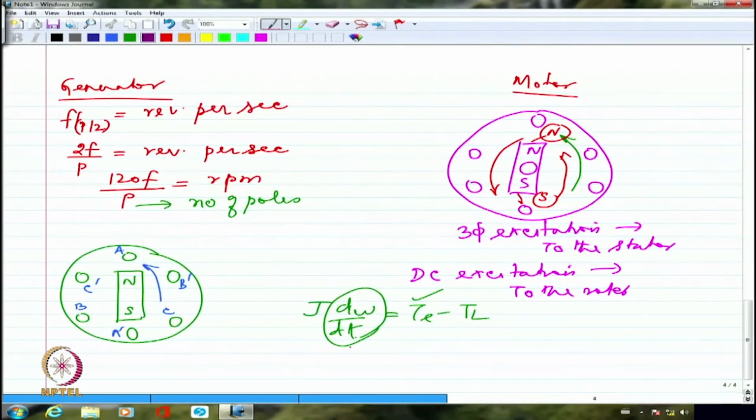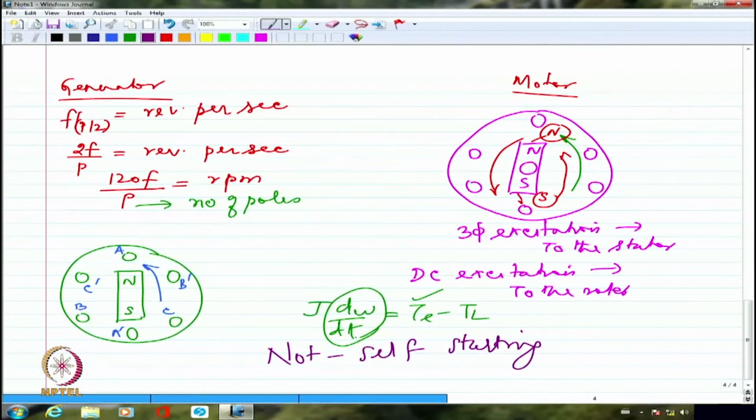This is one of the major negative points of the synchronous machine. But there are definitely plus points as well. I'm trying to first of all discuss qualitatively the plus points, minus points, the basic working operation and things like that. Then we will go into the mathematical details, equivalent circuit and so on and so forth.